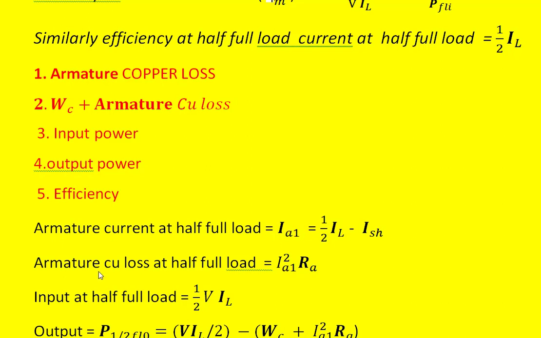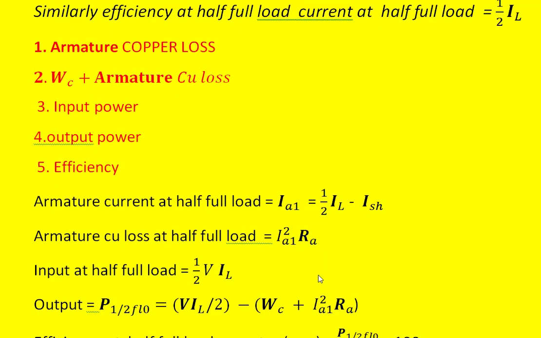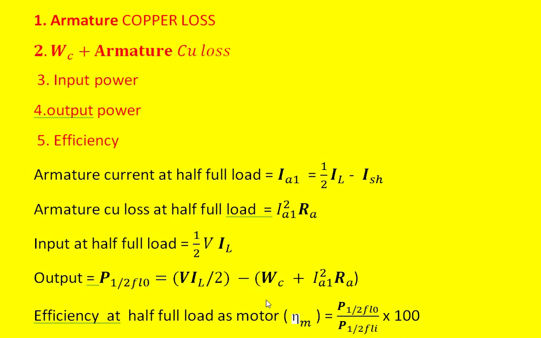Once we know it, we can calculate the armature copper loss at half full load, that is Ia1 square into Ra, where Ra is the armature resistance. The input power to the motor at half full load is half into IL into V, so we can write half V IL. And the output power at half full load condition is V, the rated input voltage, into the half full load current, that is IL by 2.